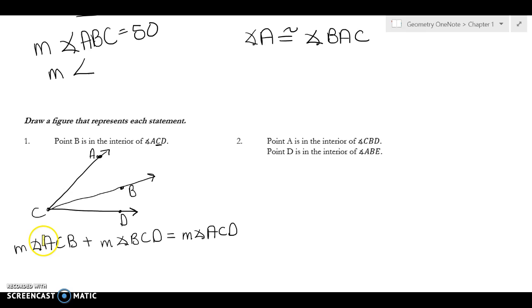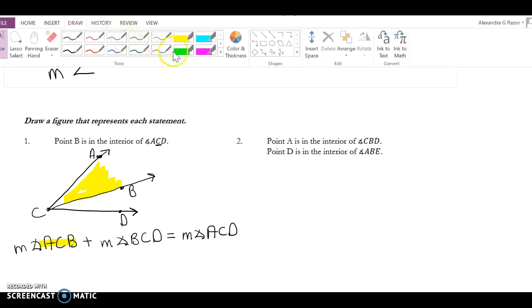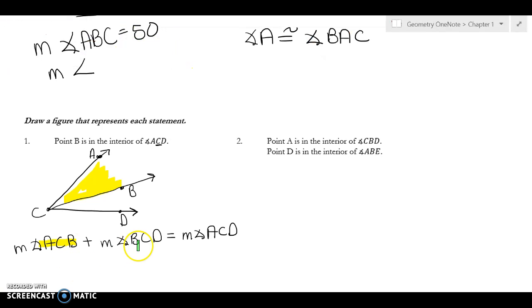So ACB right here is this angle in here, A to C to B. And then angle BCD is this bottom angle down here. And then the last one is the whole thing, ACD, which is the whole angle from A to C to D.